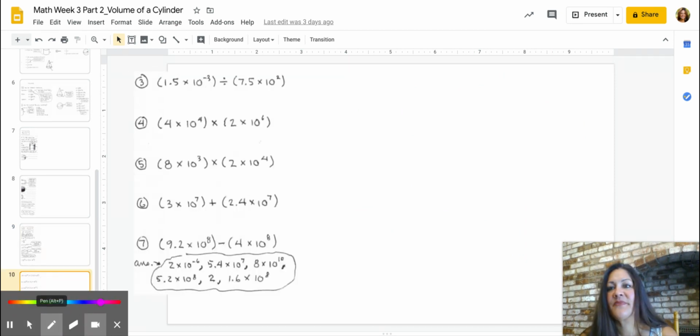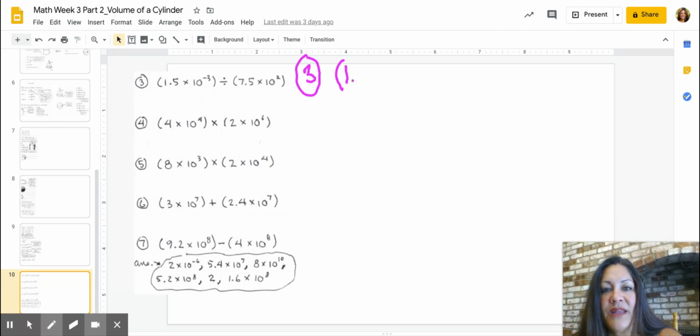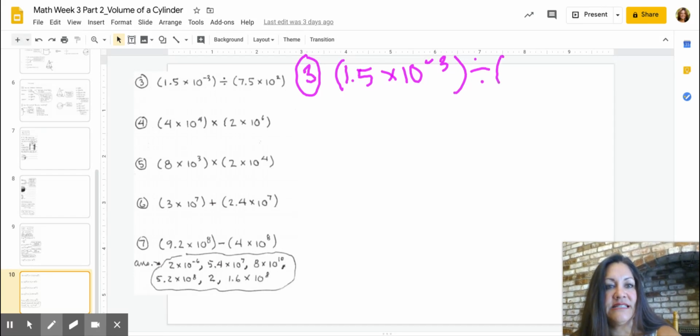Okay. Number 3. We have 1.5 times 10 to the negative third divided by 7.5 times 10 squared.